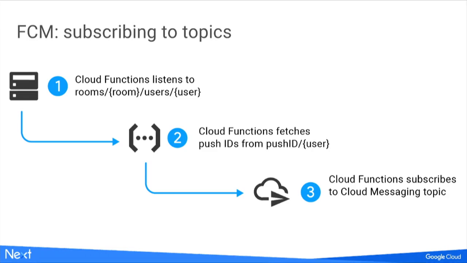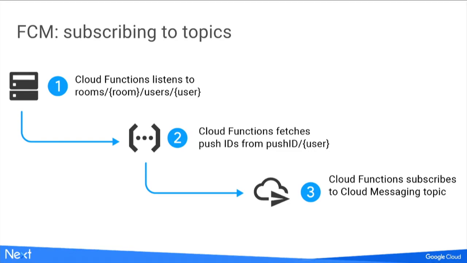Now we're going to break our push backend into two parts. Rather than looking up every device token for every user that's in the topic or in the room whenever you get an @here, we're going to have the subscription management piece and the part that actually does the sending. This is the first part. We're going to listen to the change of all users in all rooms.